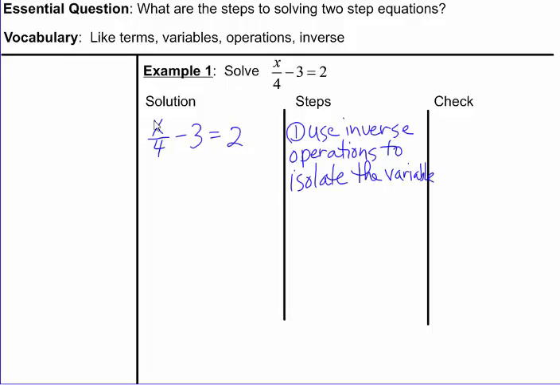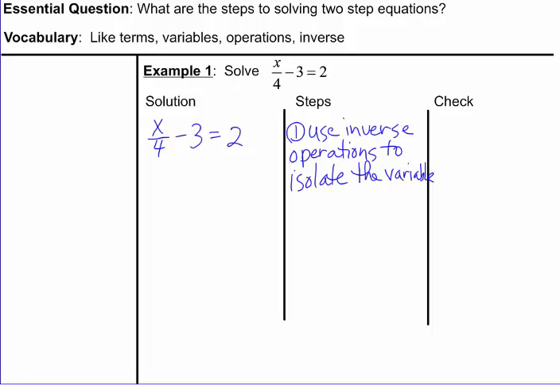So our first step to isolating our variable is to get the part that has the variable by itself. To do that, we need to move the 3. We don't want the 3. We want the x over 4 all by itself.